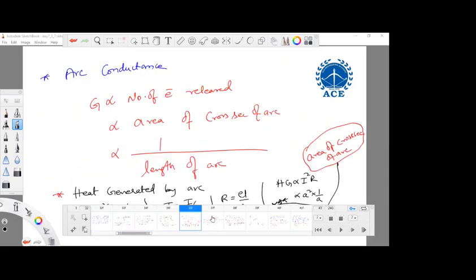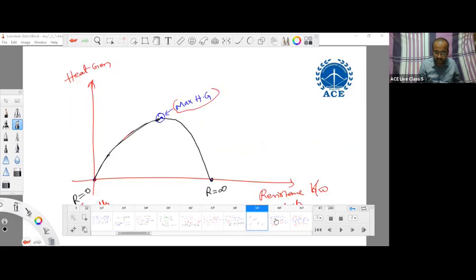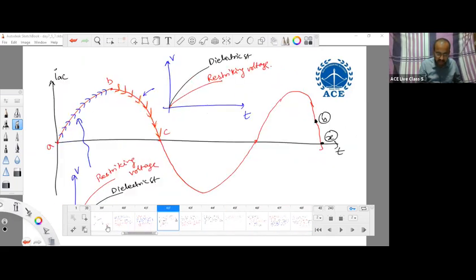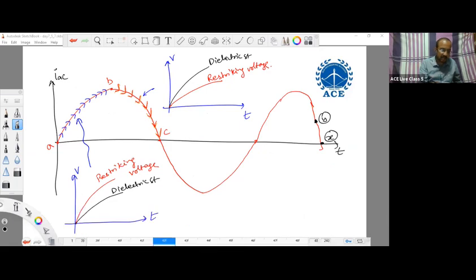Here, if you observe, during this interval the current magnitude is increasing. So to maintain the absorption rate of electrons greater than the releasing rate of electrons is difficult. But here, the rate at which the current magnitude is decreasing, in this region you can easily maintain the absorption rate of electrons greater than the releasing rate of electrons. That is from B to C.